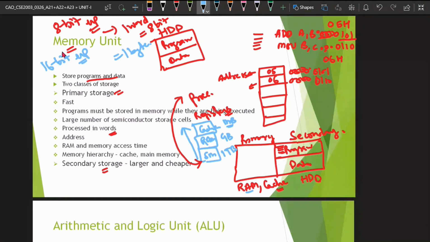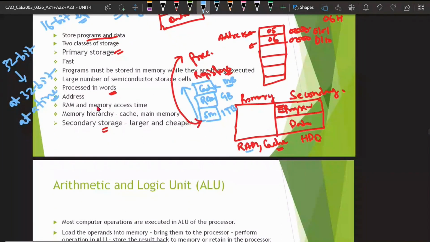Similarly, if a 32-bit microprocessor is there, then it can operate on 32 bits at a time. And nowadays 64-bit microprocessors are there, which means it can operate on 64 bits at a time.